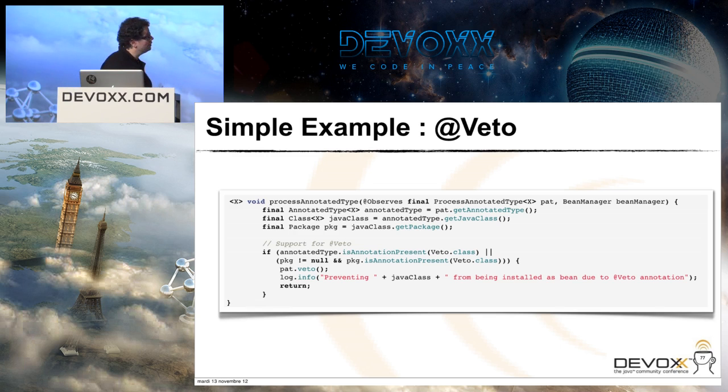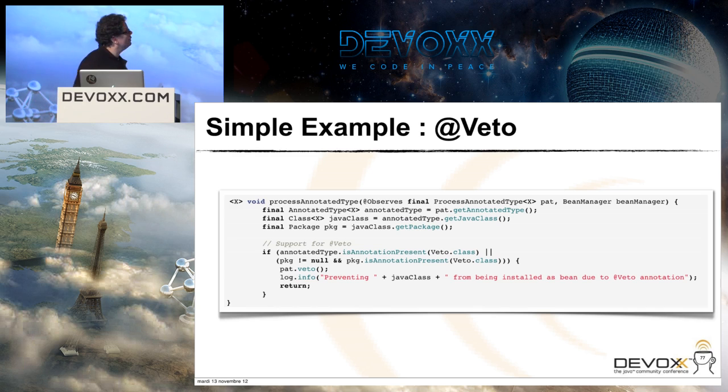An example of an extension that will abort bean creation. So you can create an annotation @Veto to put on the class and say, okay, I want this class not to become a bean. So here is the example of this extension.